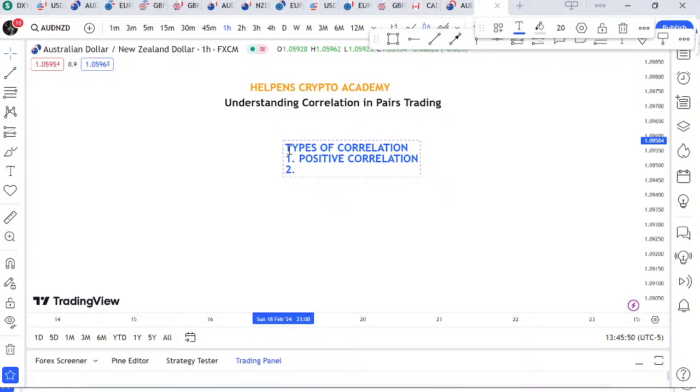We have two, negative correlation. And we have the third, neutral correlation.